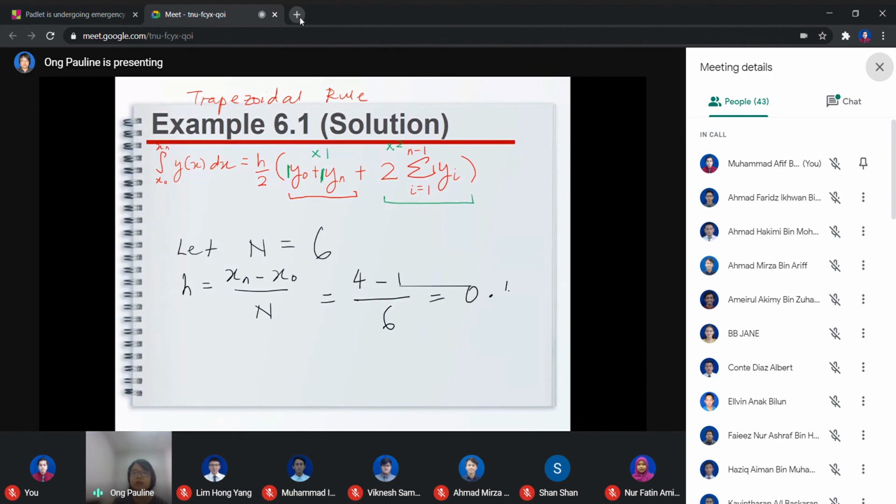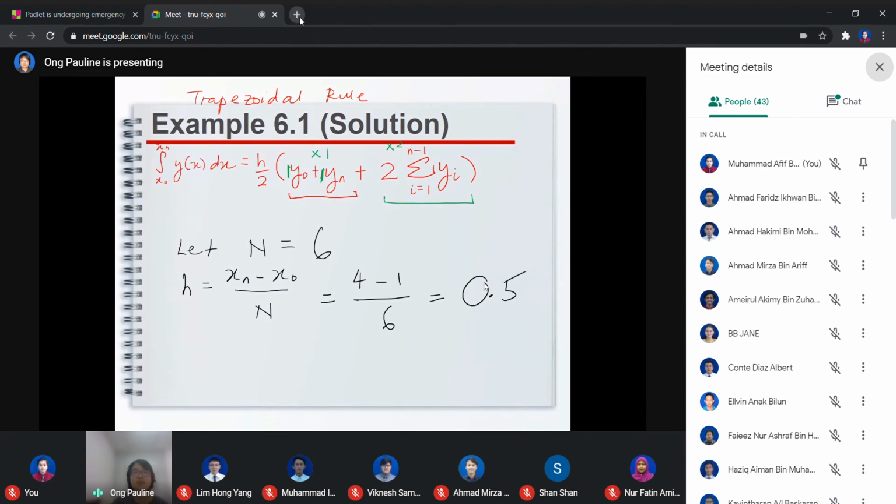So I get 0.5, a very good number here. It is a smart choice to choose n to be 6 because I get 0.5, which is even easier to calculate than the 0.3 previously when we let n be 10.